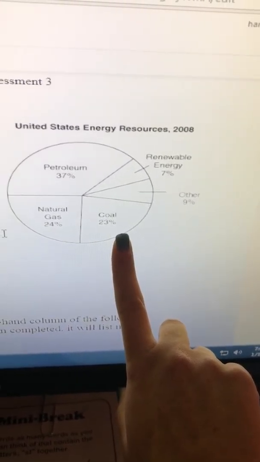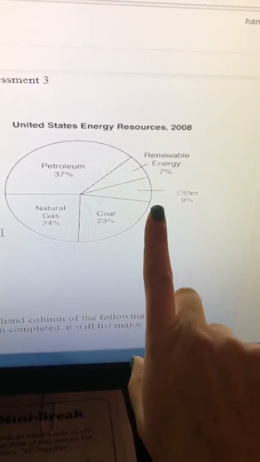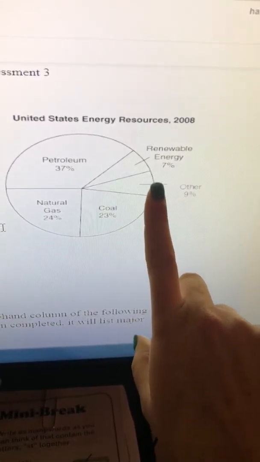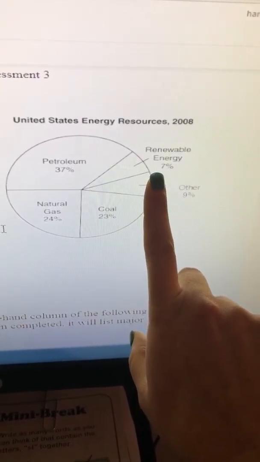Coal, 23%. Other, 9%. Renewable energy, 7%. You may pause the video now. Oh, I'm sorry. F is 84. G is 74. H is 93. J is 100. You may pause your video now.